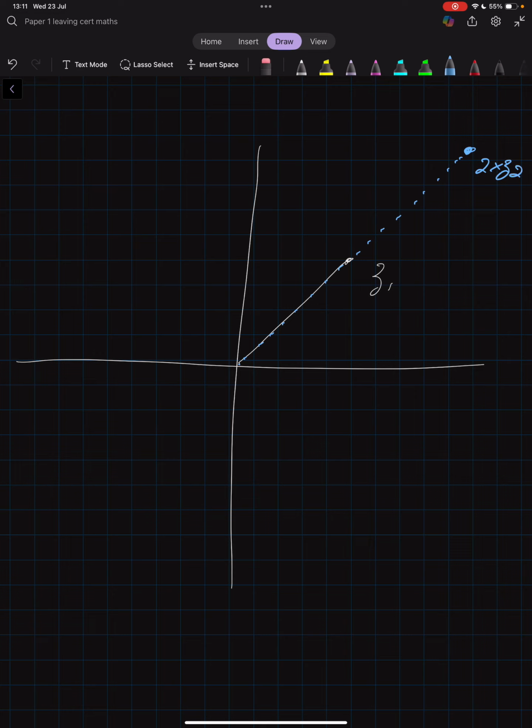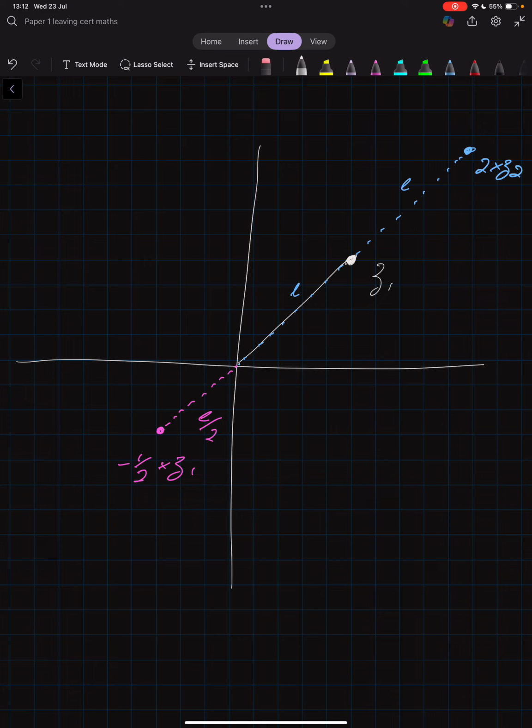So if this is length L, this is also L, so the total length is just 2L. If you multiply it by, let's say, minus a half, it'll just come down here, but it'll be halfway. So hopefully that's not too bad. Kind of obvious if you draw it out.